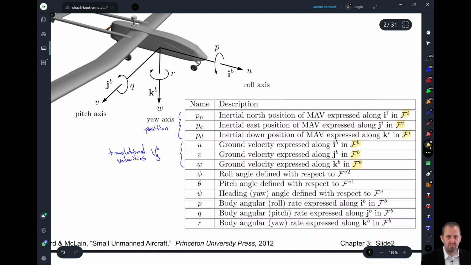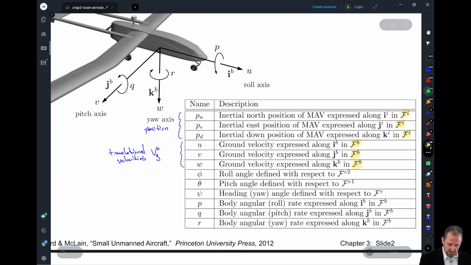So U is the ground speed velocity, just the velocity of our aircraft, remember the wind triangle, measured along the i^b axis, so pointed out the nose of the aircraft. V would be the ground velocity measured out the right wing of the aircraft, and W would be the ground speed velocity measured out of the belly of the aircraft. So there we have U, V, and W in that figure.